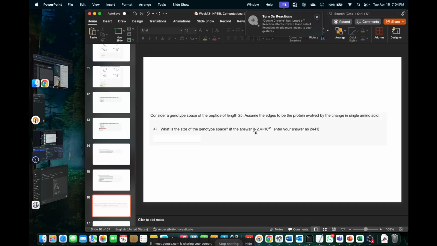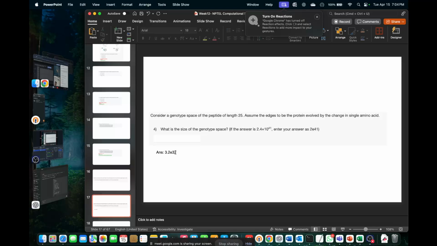It becomes 2 to the power 10 whole square into 2 to the power 5, so it becomes 32 into 10 to the power 6. If you replace this here, 32 into 10 to the power 6 into 10 to the power 25. So it becomes 32 into 10 to the power 31. So 3.2 into 10 to the power 32. So this is the answer.